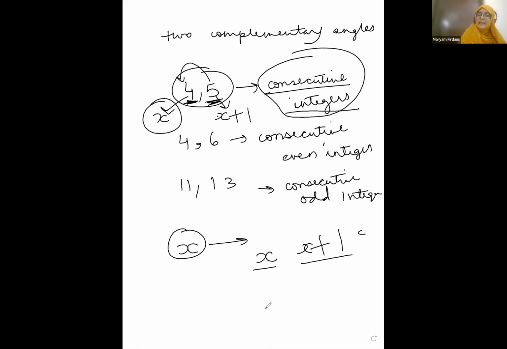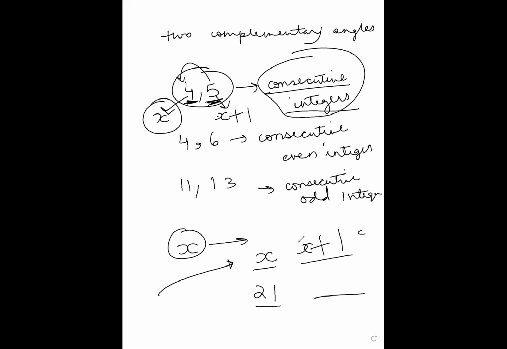Now you can put anything into these two places and you will get the correct answers. For example, if I say one is 21, then what is the other consecutive integer? What is the consecutive integer for 21? 23.